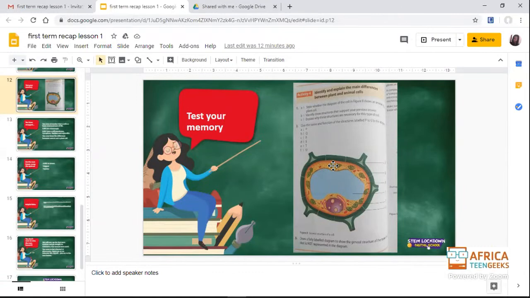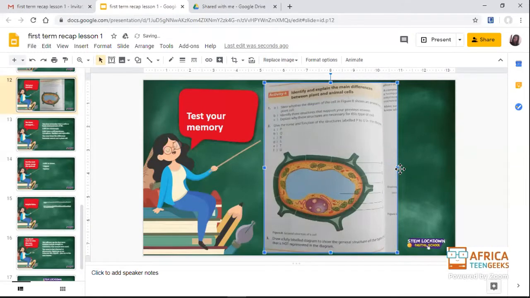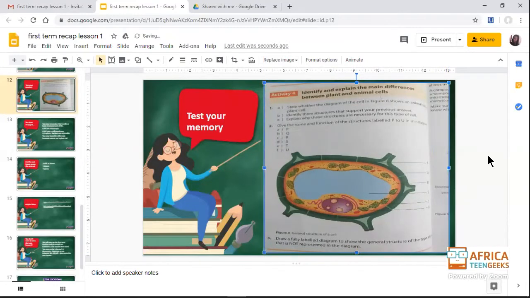I'm sorry, I can't make the screen a bit wider. So let's zoom this image here and see if you guys can see. Is that better? All right, so state whether the diagram of the cell in figure B shows an animal or a plant cell. Number B, identify 3 structures that support your previous answer.